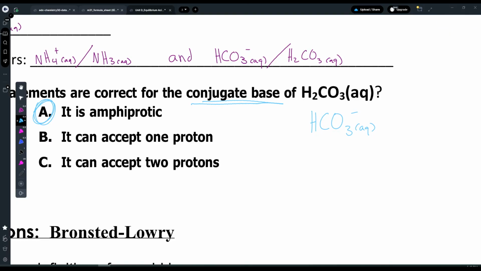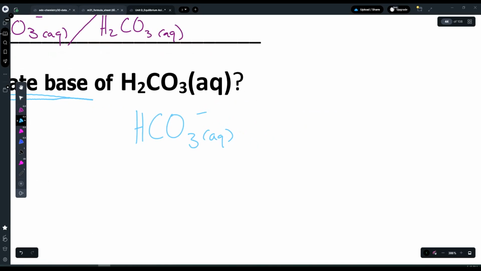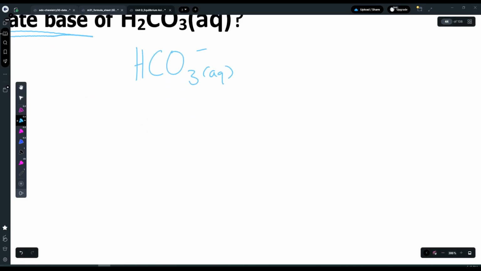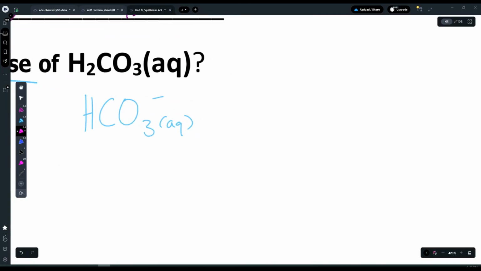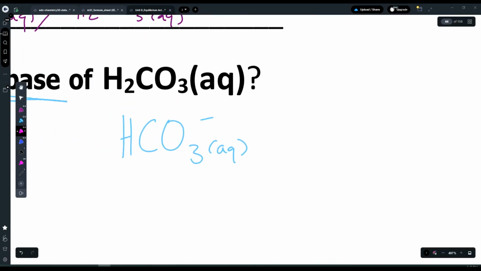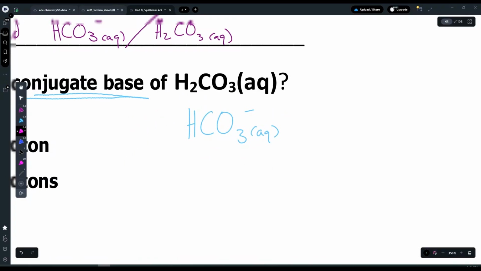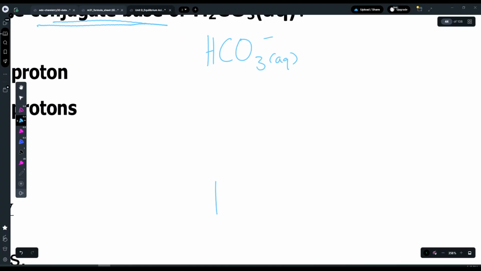How many protons a substance can accept is usually determined by the charge. The charge will tell you how many hydrogens can be accepted here. Let's write some notes here, because there's actually a lot that the formula tells you.